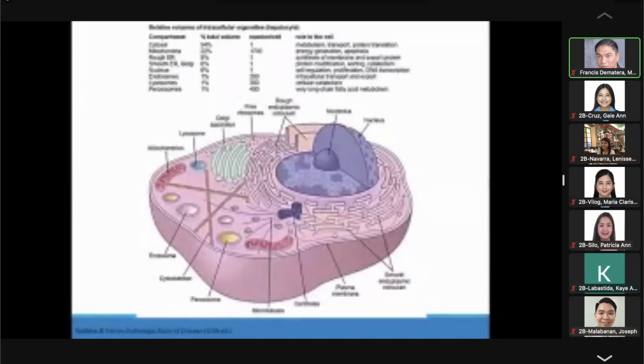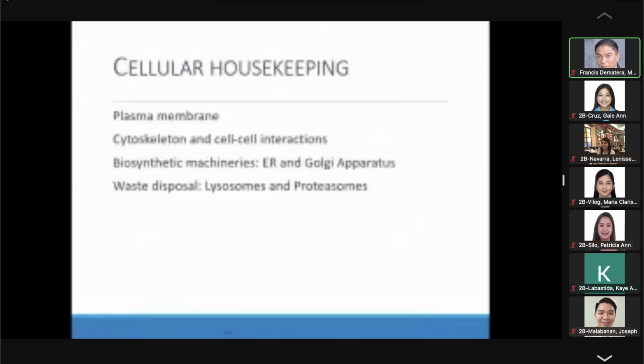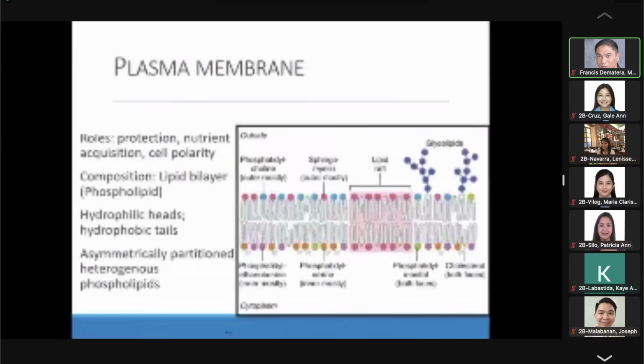So here's an overview of the organelles in a cell presented by the organelles in hepatocyte. And the brief descriptions for your review are on the roles of each organelle. So to maintain viability and normal activity, we'll look into the functions of the cell components as follows.